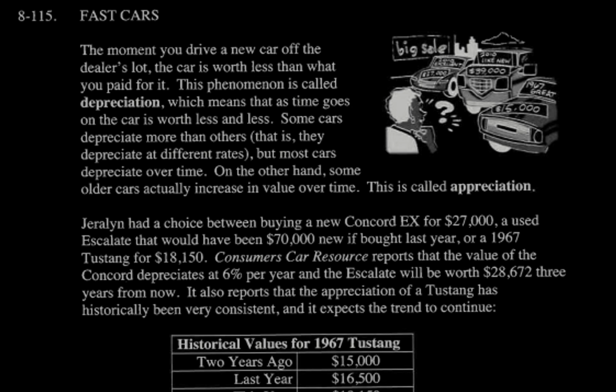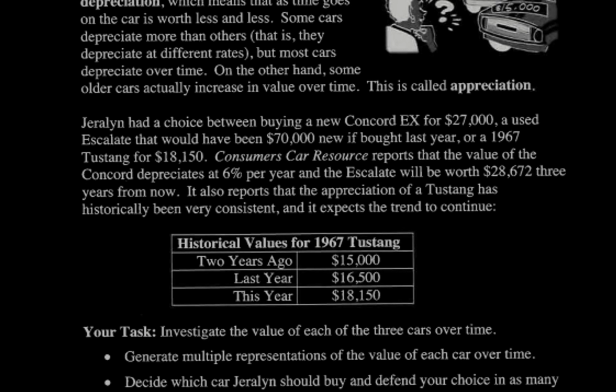On the other hand, some older cars actually increase in value, especially if a car has been out for a while now. That's a rare collector's item. This is called appreciation. So there's three situations that are described here, and we're going to use some of the information given to piece together hopefully enough information to fill in the table and then also to produce equations.